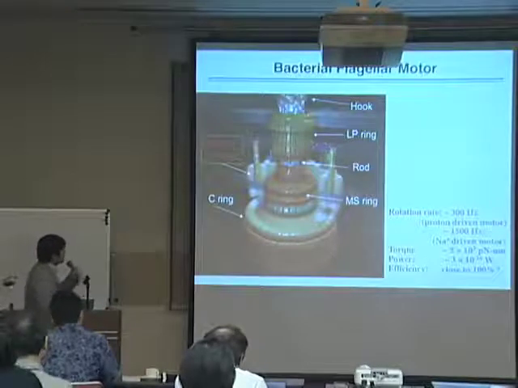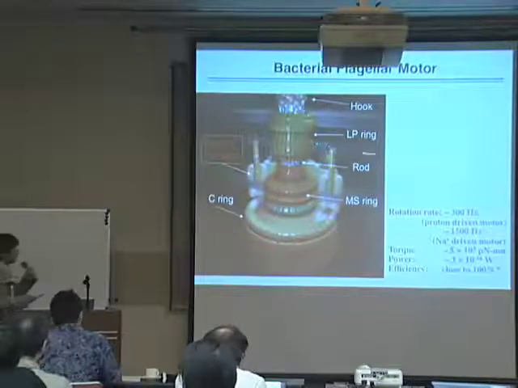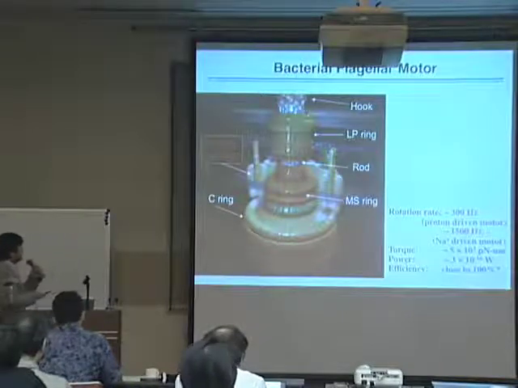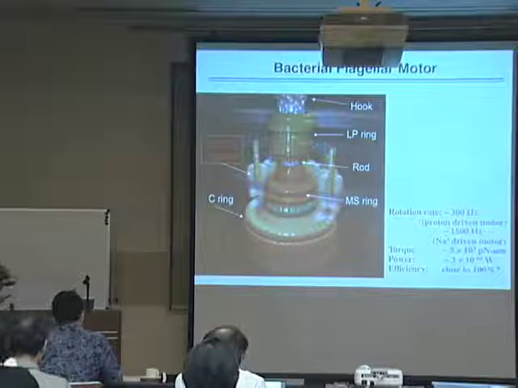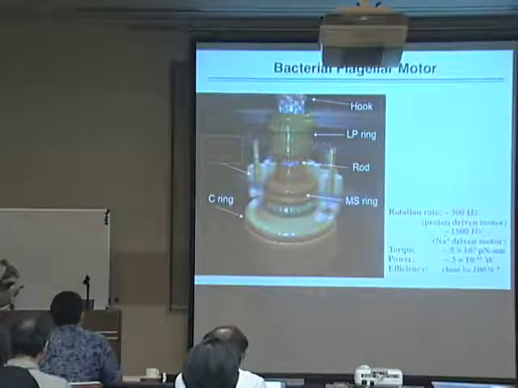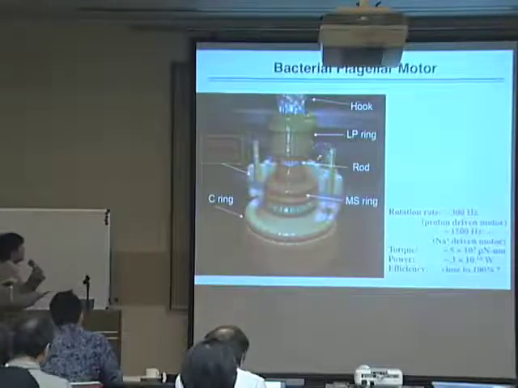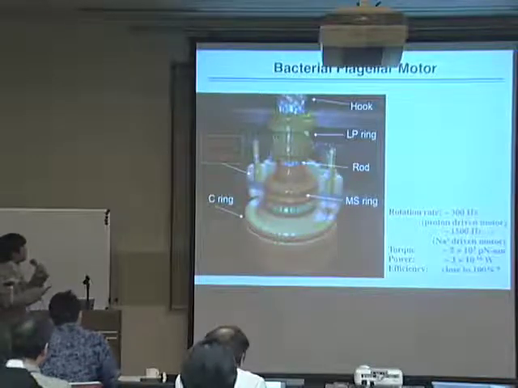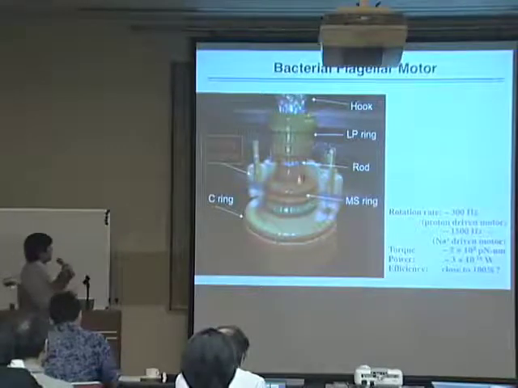In the bacterial surface, there is the membrane, and the peptidoglycan layer that supports the strands of the bacterial cell wall, and here is the outer membrane. Then there are many ring structures, and this part is the bushing, a sort of bearing for the driving shaft.